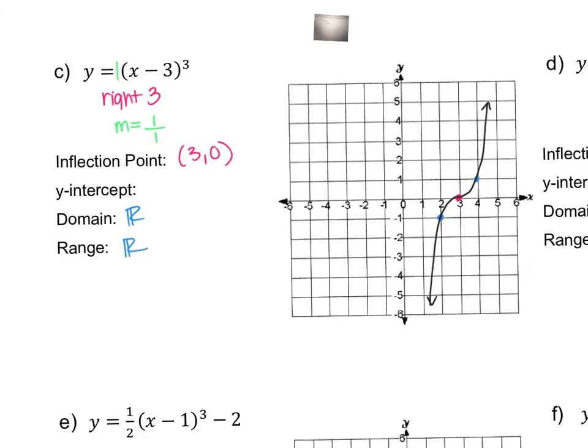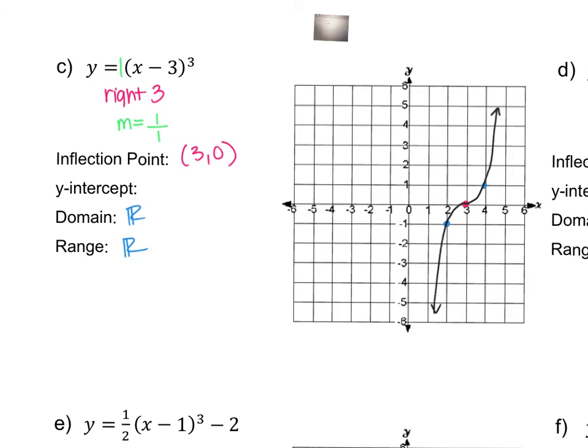All right, the next part here I need to look for is the y-intercept. The y-intercept is where I need to plug in 0 for x and find my y. So if I were to work this out, we have 0 minus 3, which is just negative 3.